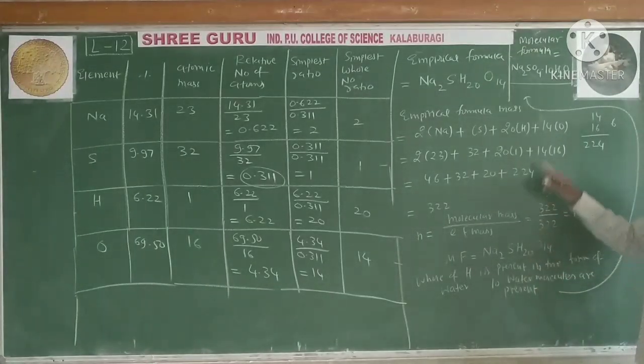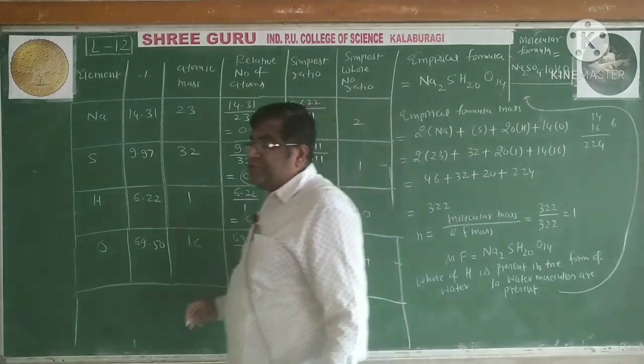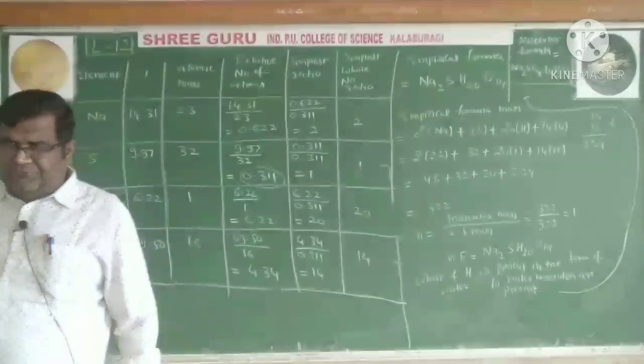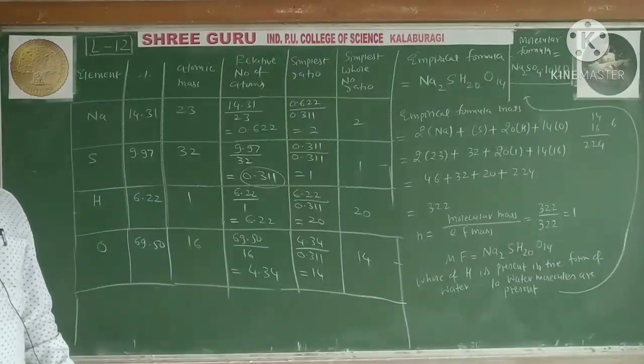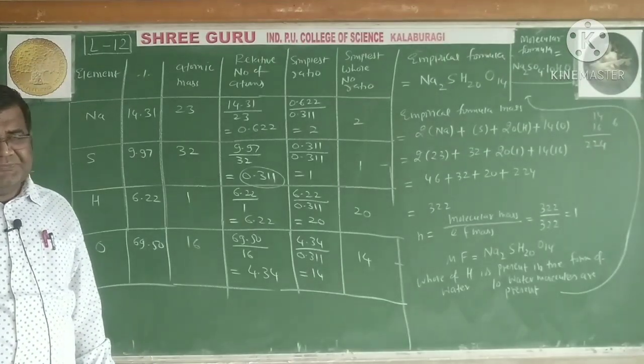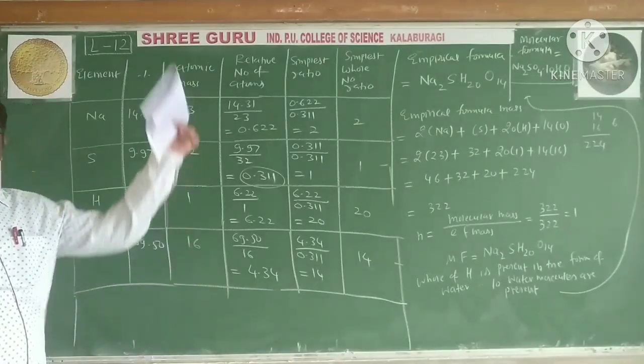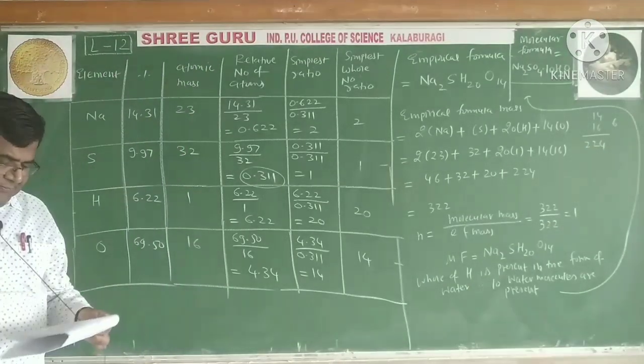So 20 hydrogens form 10 H2O molecules. The remaining is Na2SO4, and that dot 10H2O is the water of crystallization present in a crystal of that salt. Na2SO4·10H2O is the correct answer there.